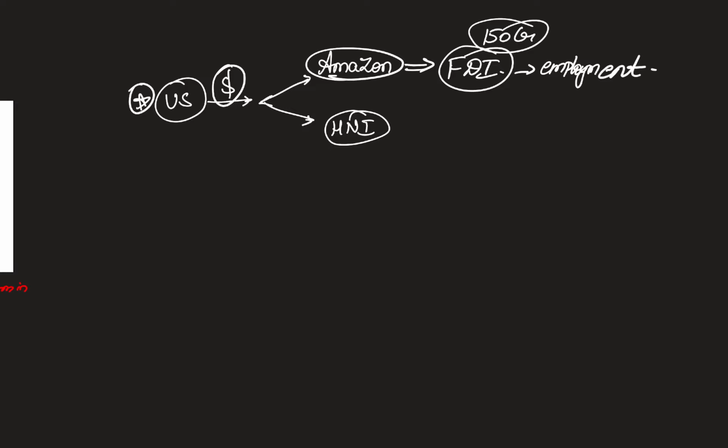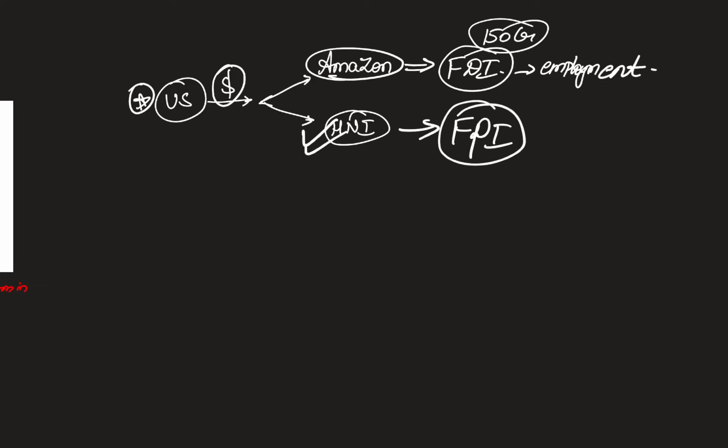Secondly, there is the case of a very rich US citizen who is just looking for certain profits by using the surplus money that he or she has. This high net worth individual does not want the headache of involving in day-to-day activities of a business. For such an investor, there is another option called FPI, foreign portfolio investment.